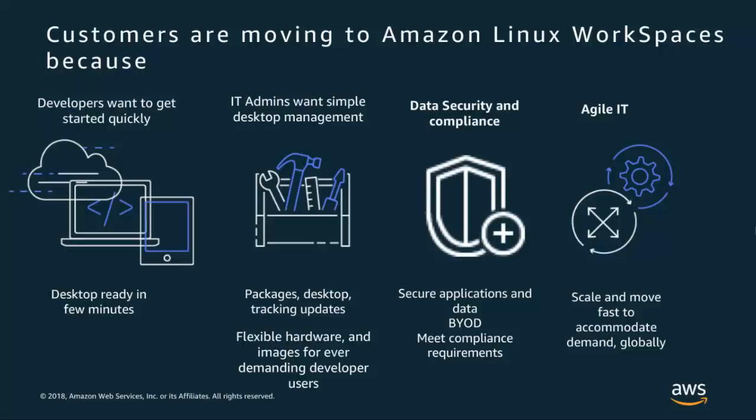And during that time, they are not working. So with Amazon Linux Workspaces, you can automate provisioning of these workspaces through an API. And what that impacts is that your developers can literally walk into the office and request a workspace, and by the time they get to their desk in like 15, 20 minutes, they will have a workspace provisioned for them on which they can start coding.